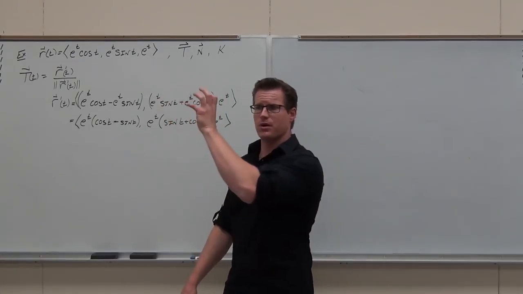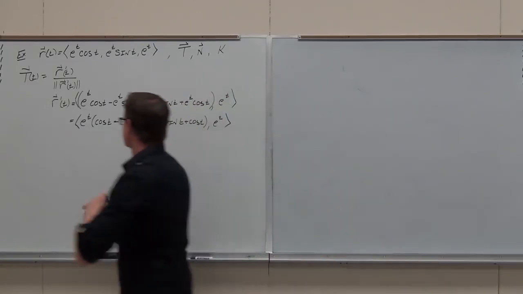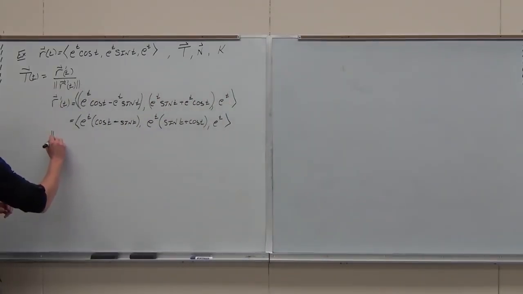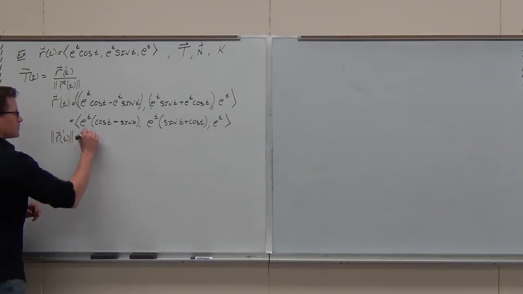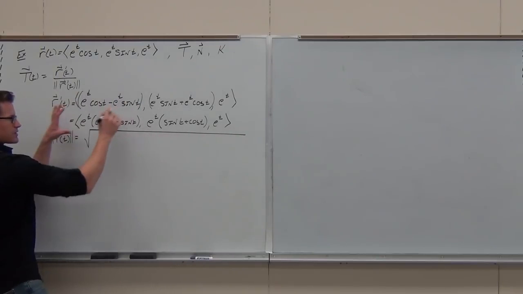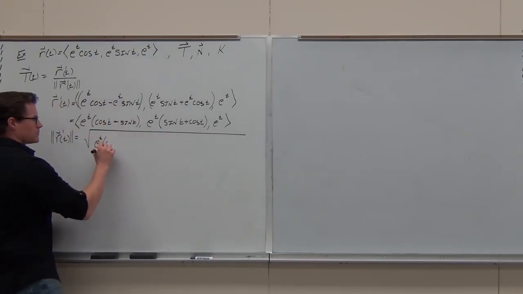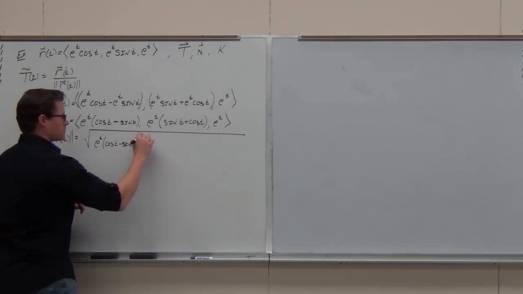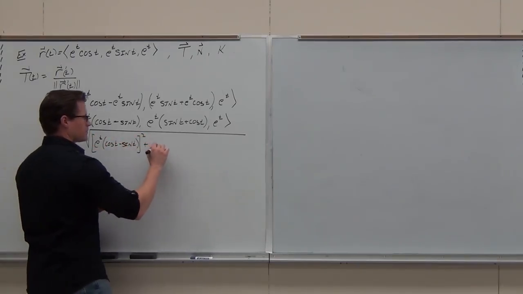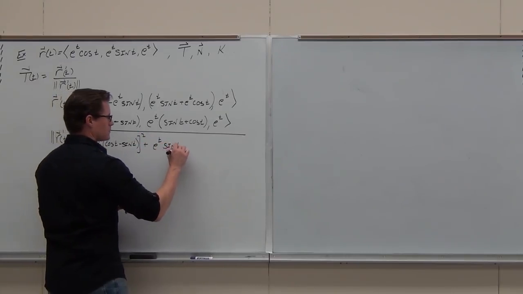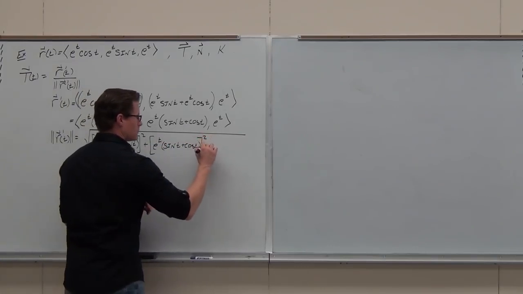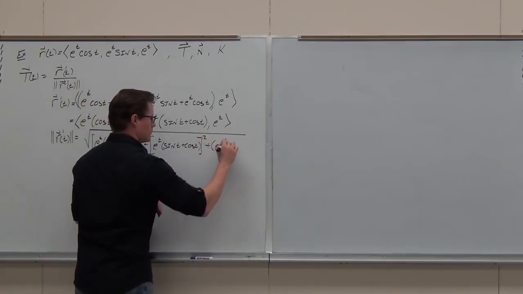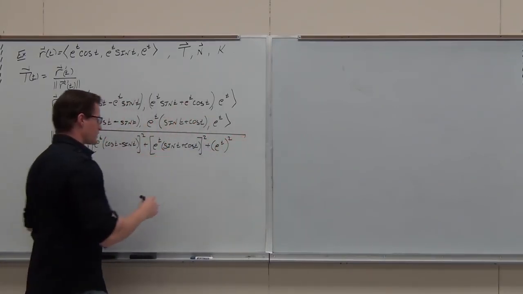The magnitude says square the components, add the components, square root the components. So this stuff squared, this stuff squared, this stuff squared.